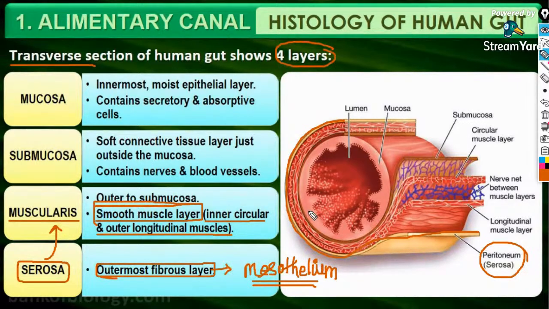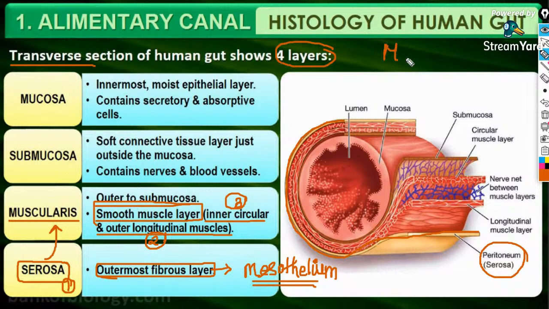So the inner part is circular and the outer is longitudinal. If the question paper asks you to arrange the following in the correct sequence, then serosa is the first, outermost layer, and after serosa you write the longitudinal muscularis. After the longitudinal muscularis comes the circular muscularis.